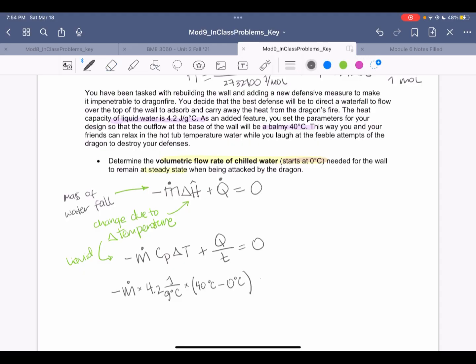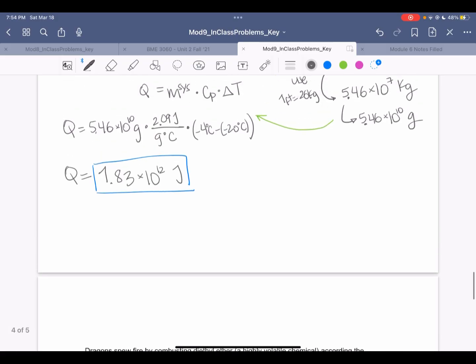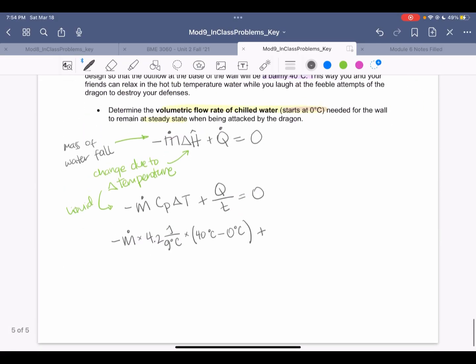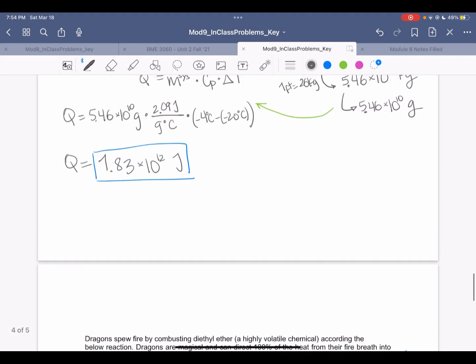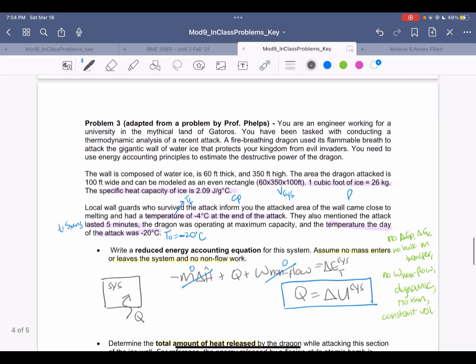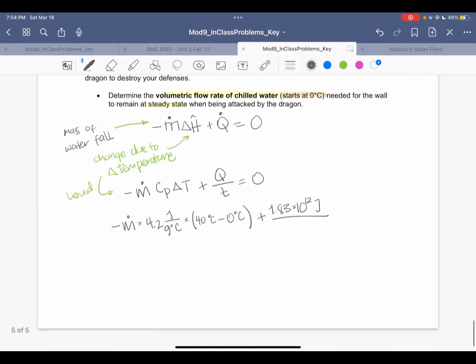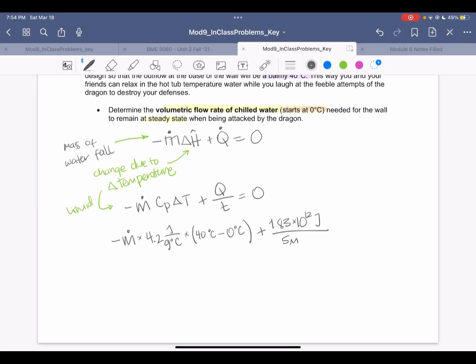We calculated already how much heat was released by the fire generated by the dragon, 1.83, and the time, it tells us at the beginning, is 5 minutes. And we want that system to remain at steady state.